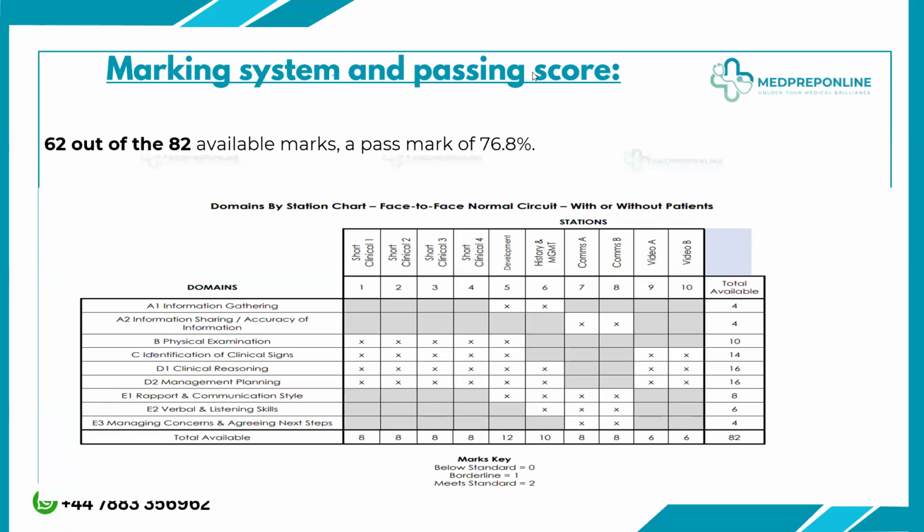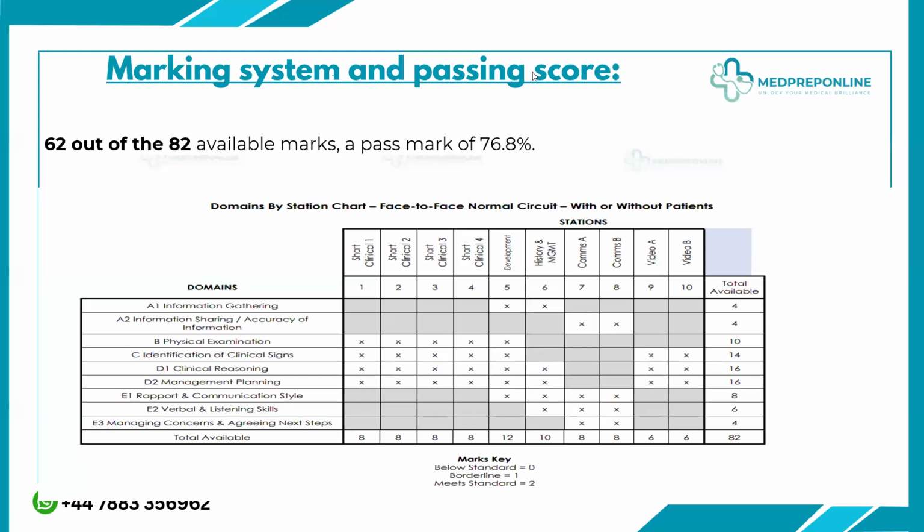If it is something like the history and development station, they are the lengthy stations in the clinical exam, so they are divided into two groups. There are two different examiners taking development, and two different examiners taking history. They divide the candidates by colors, like yellow and red, or red and green.